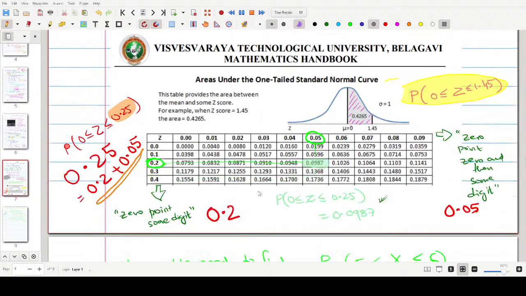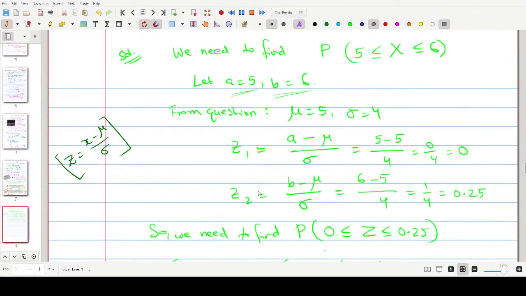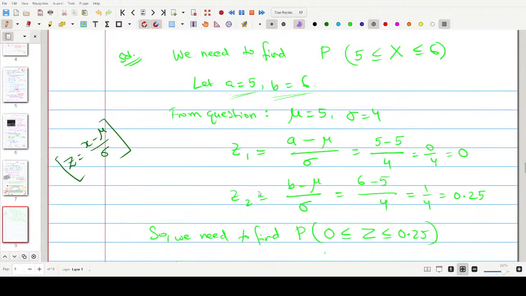The x values here, a and b, are 5 and 6, and using the standard normal formula, which I've copied from the previous page, z is equal to (x minus mu) by sigma. Once we find z1 and z2 from a and b respectively, we go back to the table because we need to find, as you can see at the bottom of the screen, 0 less than or equal to z less than or equal to 0.25.